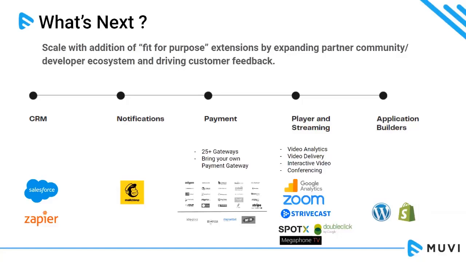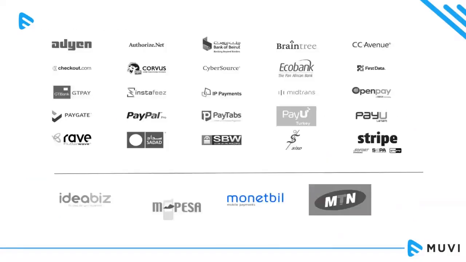Also, as we spoke about WordPress, we are also focusing on Shopify because our aim is to make it easy for our customers. If they are on a particular platform, we want them to be able to use our services instead of forcing them to get out of that platform and start afresh. So it's basically to make it easier for them.